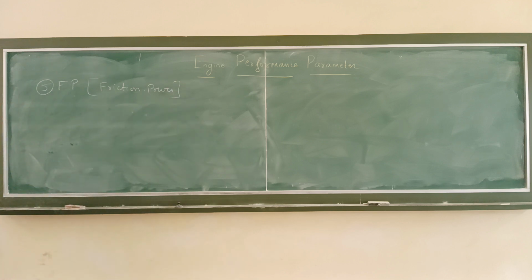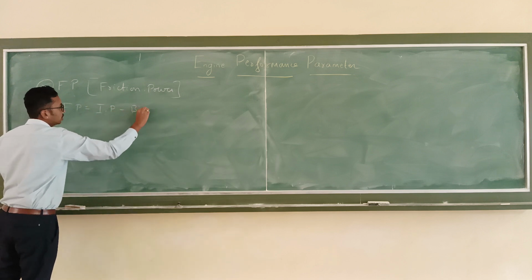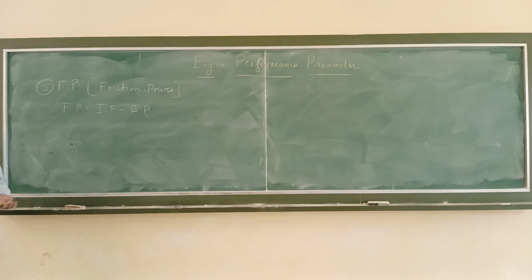Friction power. Okay. So it is given by FP is equal to IP minus BP. Easy enough. We know IP and we know BP. So the difference of these is FP. That is the friction power.